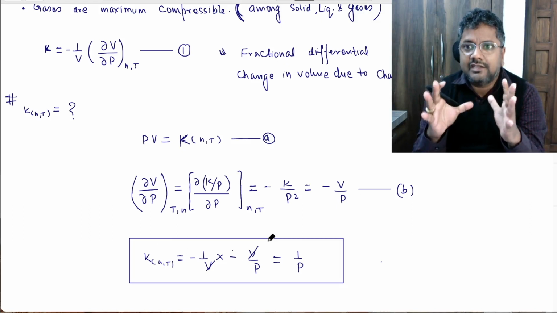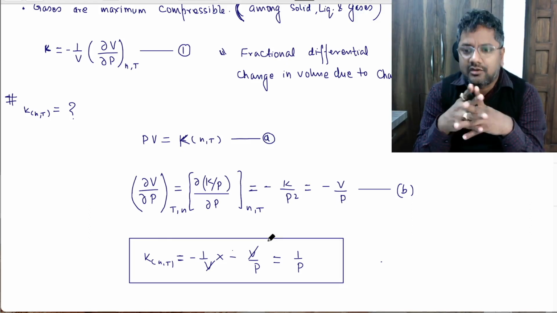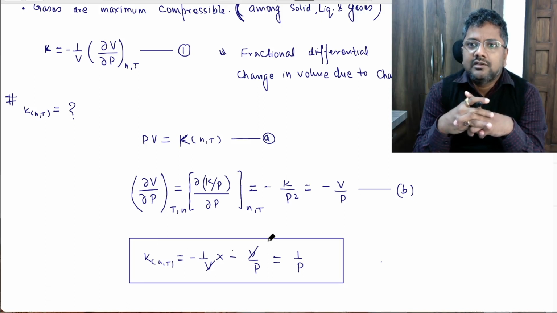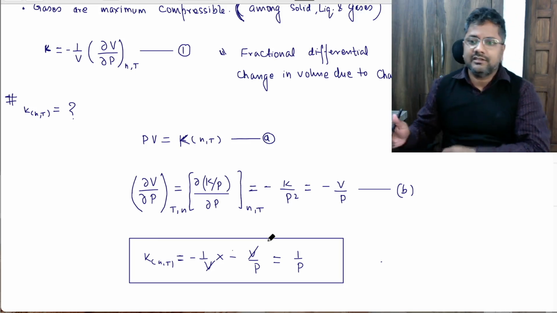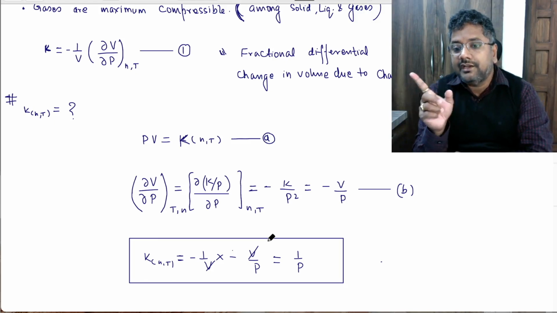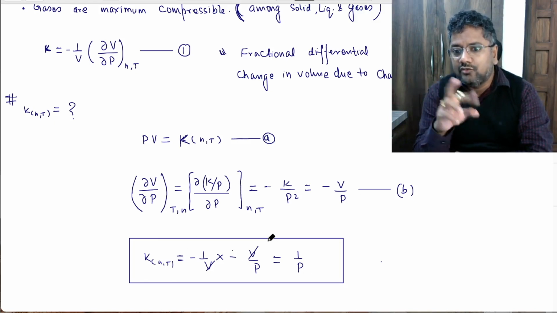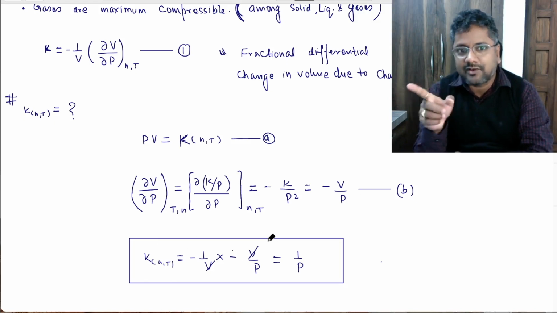But the meaning is fractional differential change in volume due to change in pressure at constant N and T, right? Similarly, if you see the relation between V and T, then volume is expanding on temperature. So this type of expression you can find out.